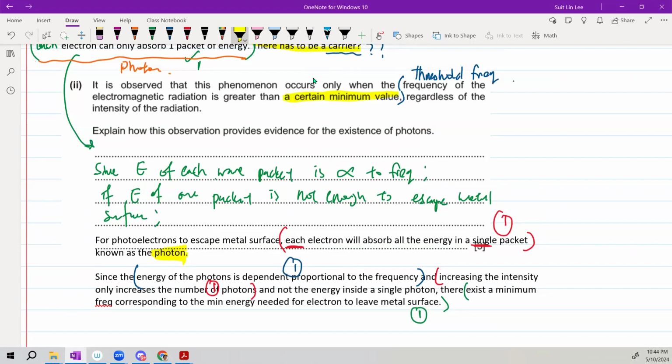They can ask you to justify and explain from many different angles. So in short, the existence of the photon is proved because each electron can only receive one photon. When the electron receives energy, if the frequency is not enough, the electron cannot escape, since the energy of the photon depends on frequency. So one electron, one photon, one minimum frequency.